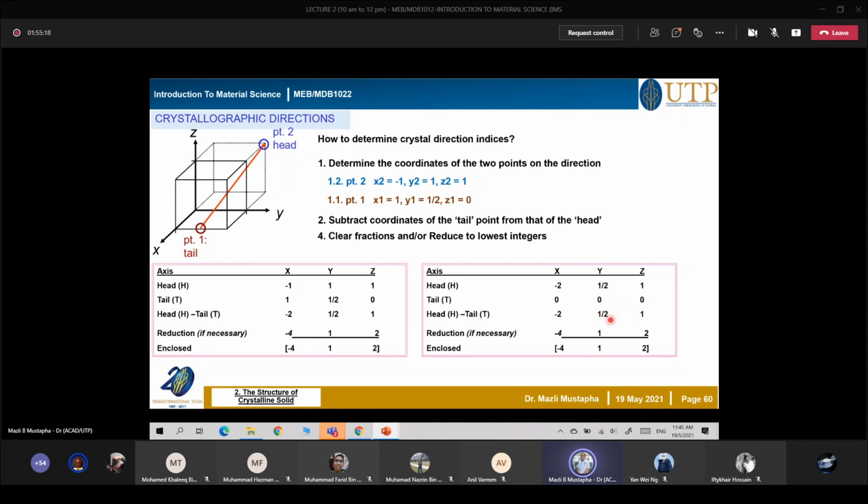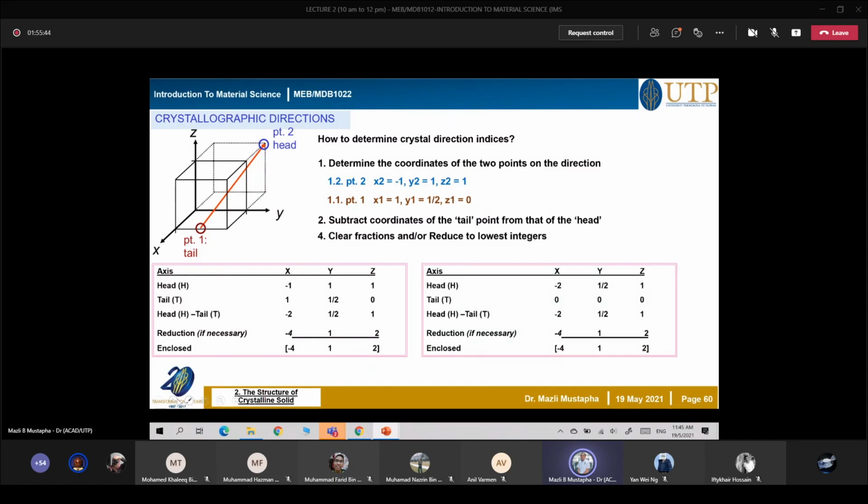But there is always a fraction here, right? So we want to eliminate this, then we multiply by 2. So minus 2 times 2 is minus 4. Half times 2 is 1. And then 1 times 2 is 2. So as I mentioned, your final answer should be in the bracket, that is minus 4, 1, and 2.